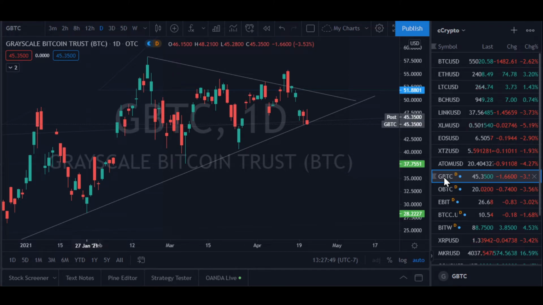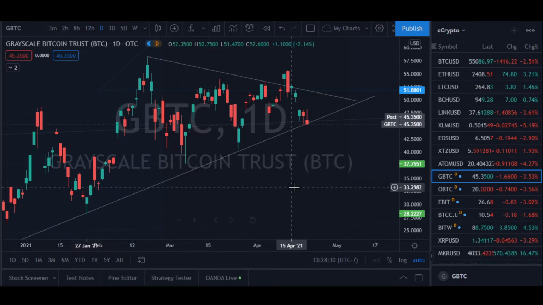GBTC is at a premium, and the premium is a little high right now, but if the narrative out there is that the other Bitcoin ETFs and funds are trading at a premium, that's false.